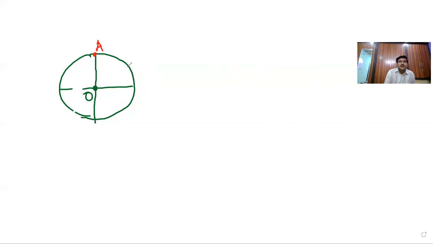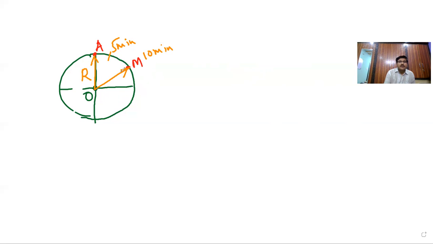In the 10 minutes case, M is the final position. The minute hand initially at A having radius R, after completing 5 minutes, 10 minutes, after 10 minutes, it is coming over here. AM is the path length.